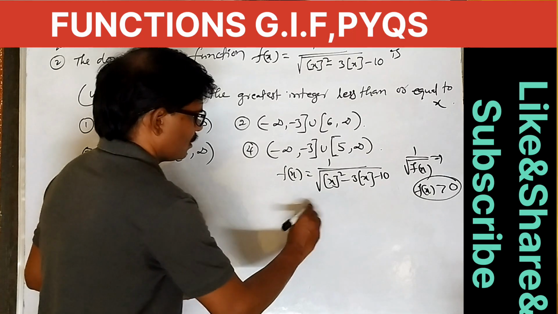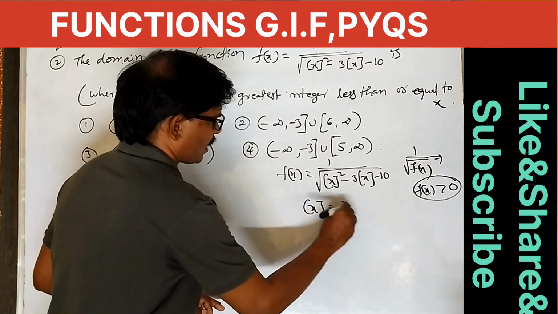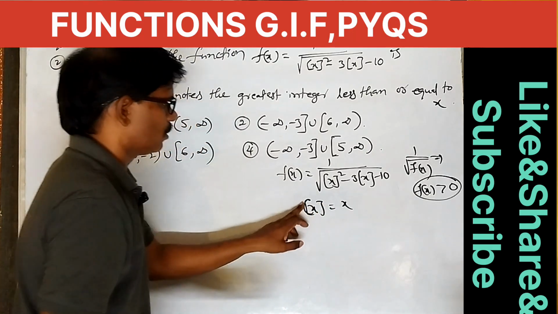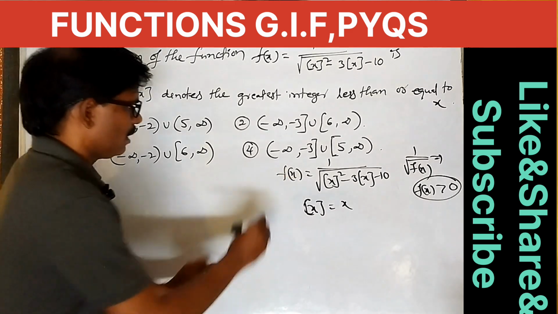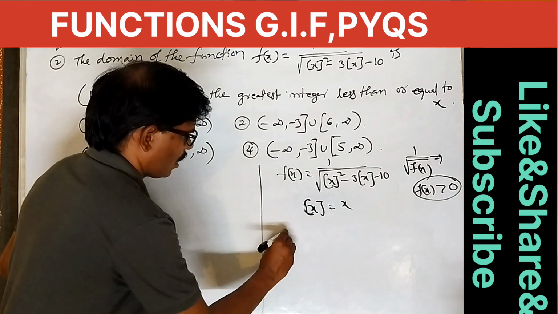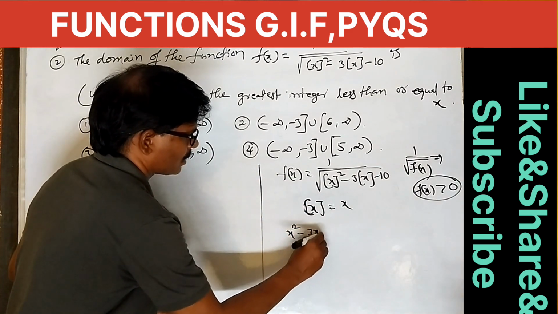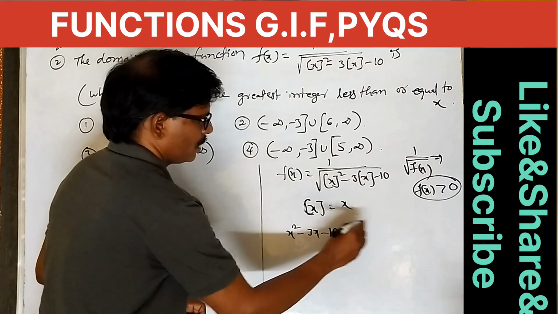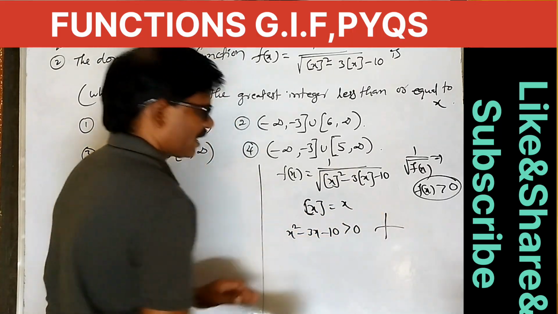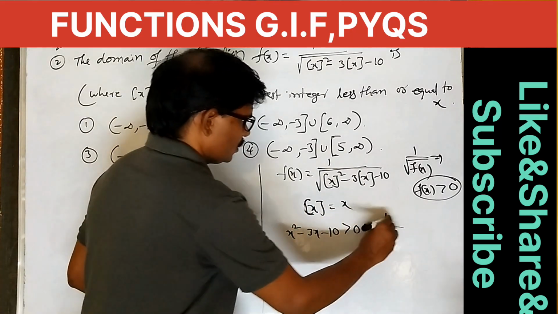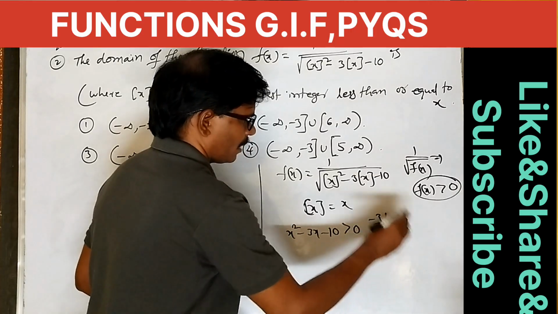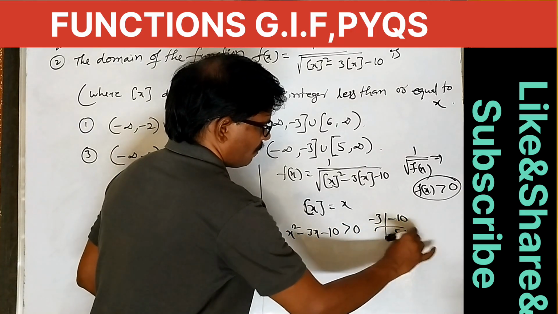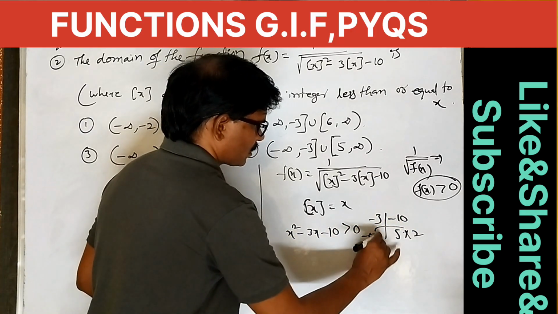In this case, [x] is equal to x, you have to take x. So x square minus 3x minus 10 is greater than 0. Okay, factorize this one: minus 10, minus 3, so minus 5 plus 2.